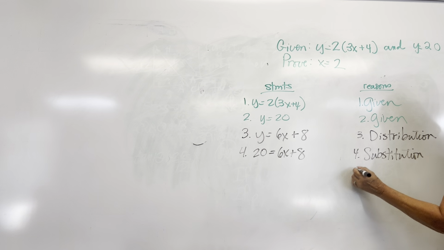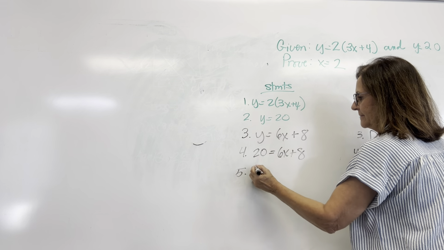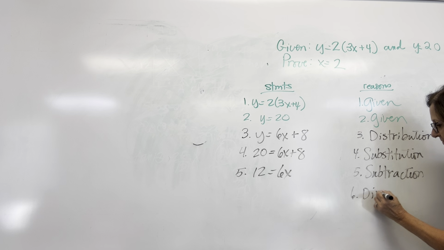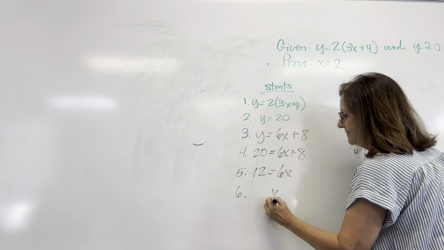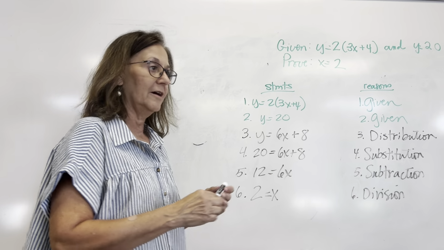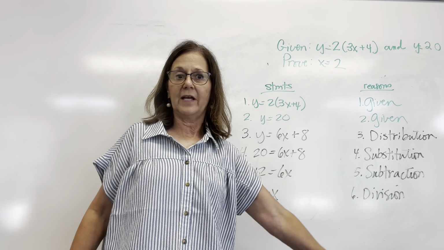Subtraction. Divide both sides. Division. x equals 2. So you've actually been working proofs. You just didn't write your justification, your reason for each step. This is what a geometry proof is going to feel like.